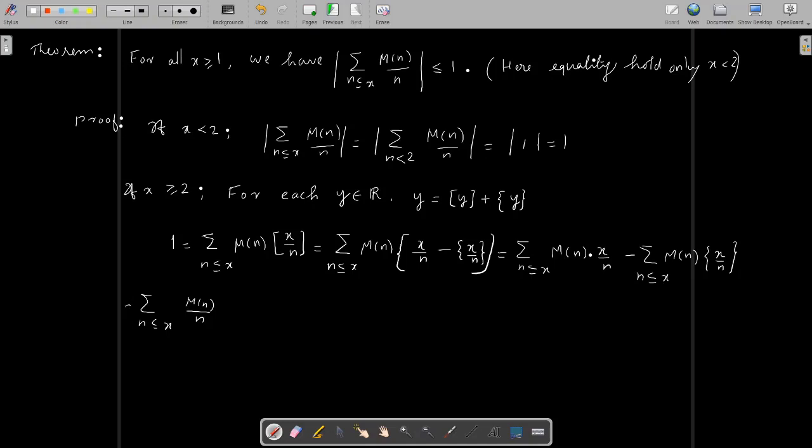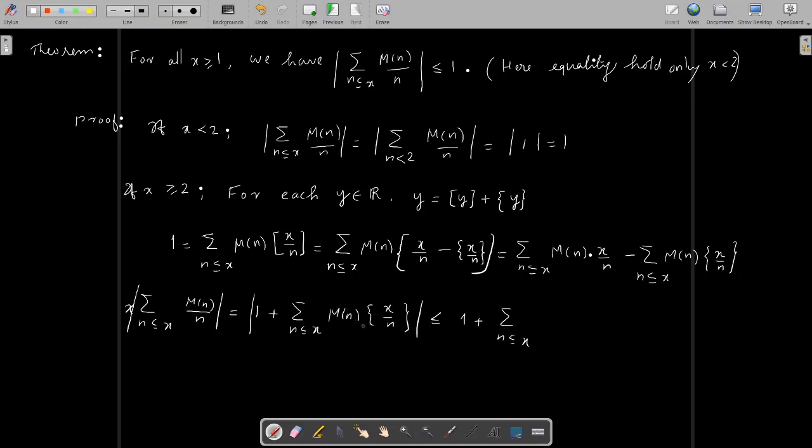So that will be x times this sum equal to 1 plus summation n less than or equal to x mu of n times fractional part of x by n. Okay, so when we take the modulus of this, since this x is positive, you can take modulus here. That is less than or equal to 1 plus sigma n less than or equal to x modulus of this quantity.